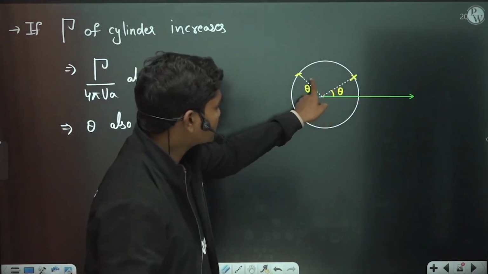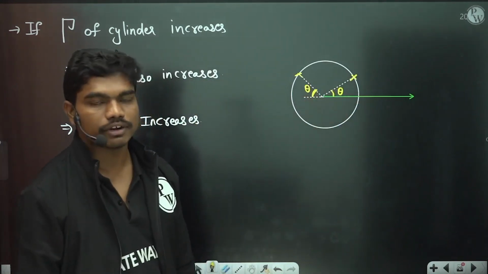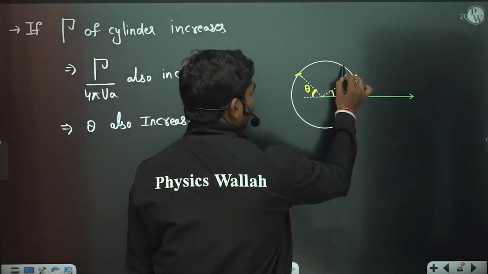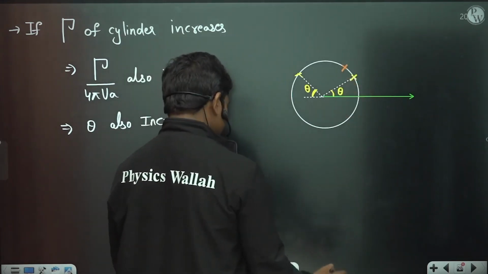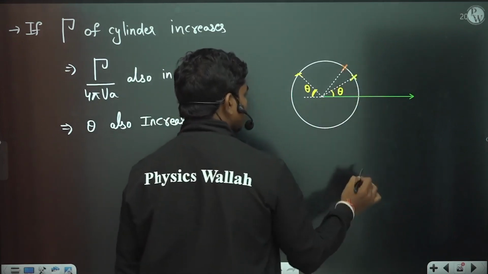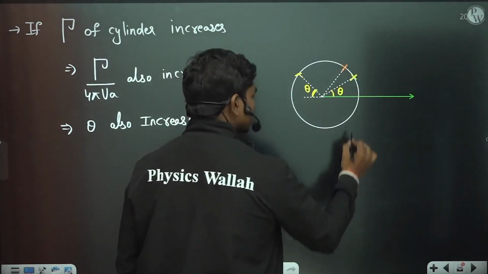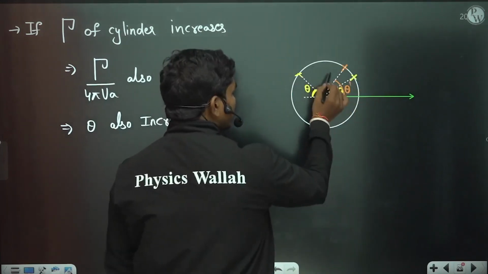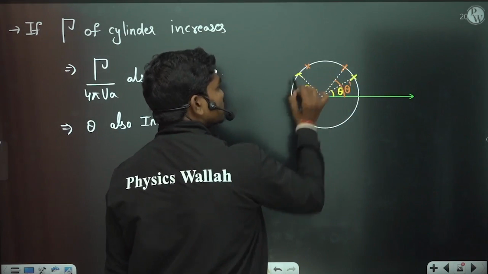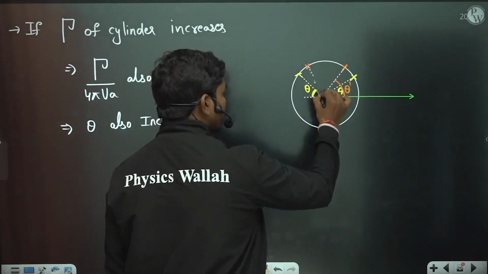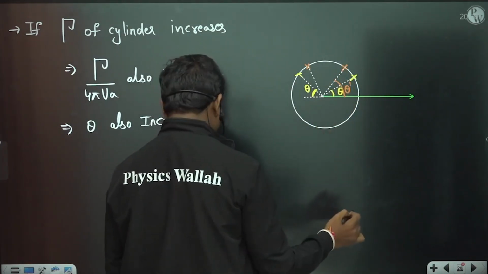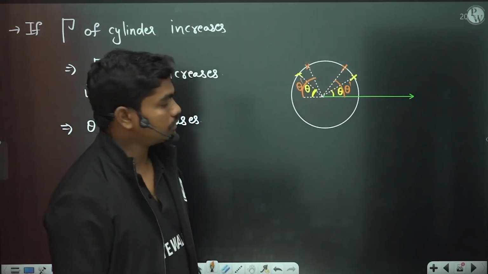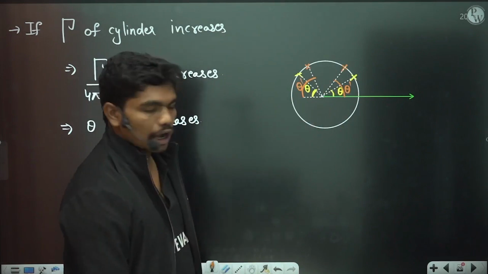This is theta and this is 180 minus theta. Now as theta increases, this point will go to some higher angle, so let us call this angle theta dash after increasing circulation. Definitely 180 minus theta dash will also come somewhere here, so this angle will also be theta dash.